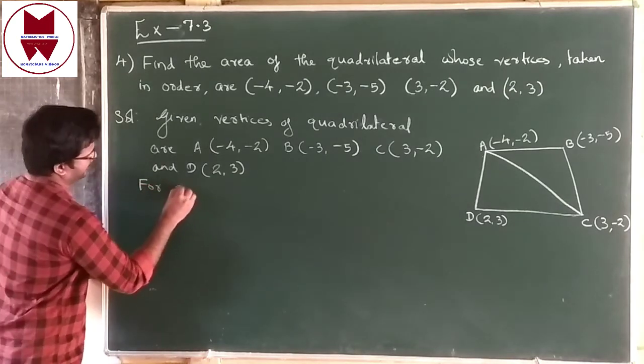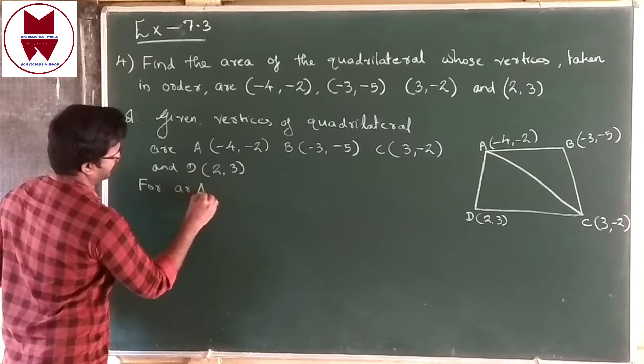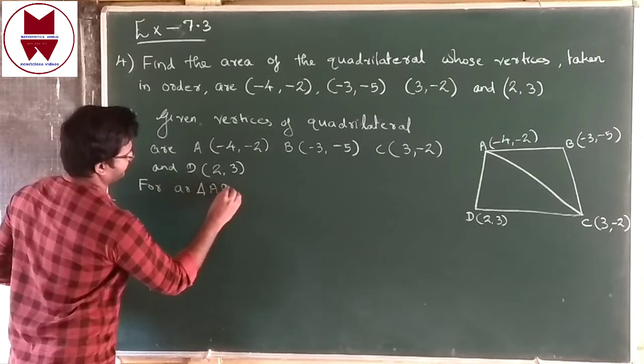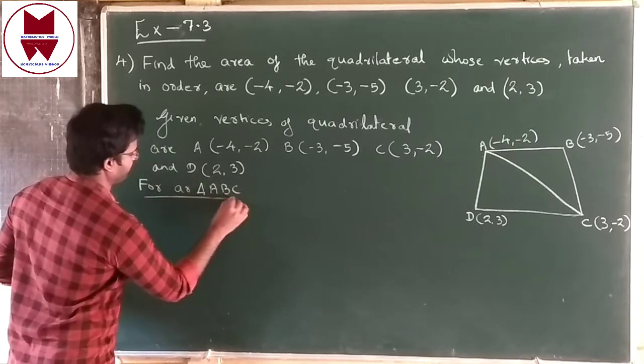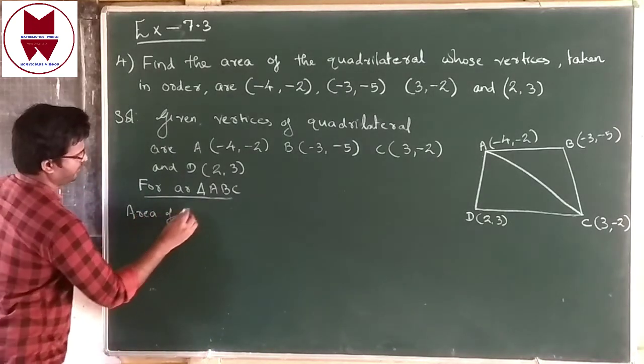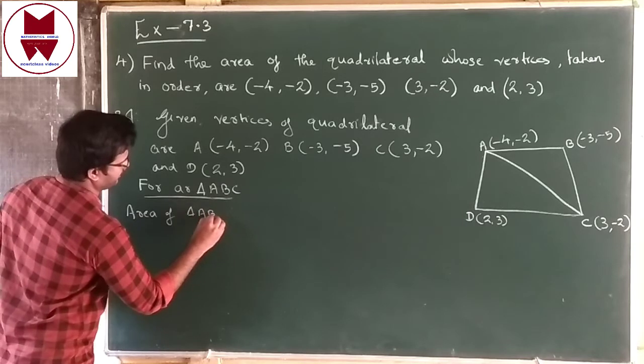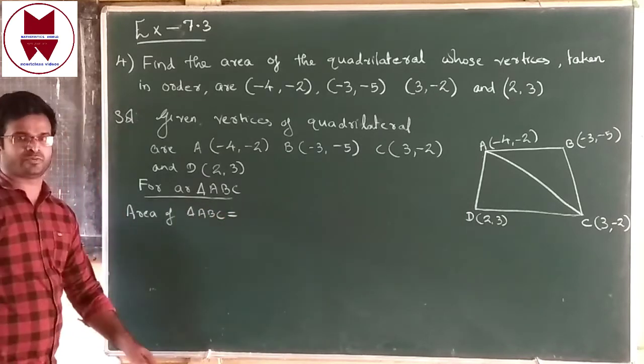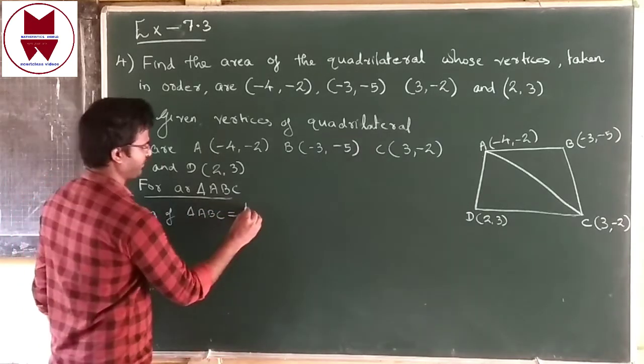For the area of triangle ABC, we already studied one formula, isn't it? Which formula?